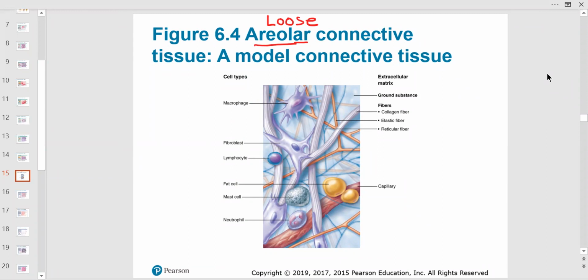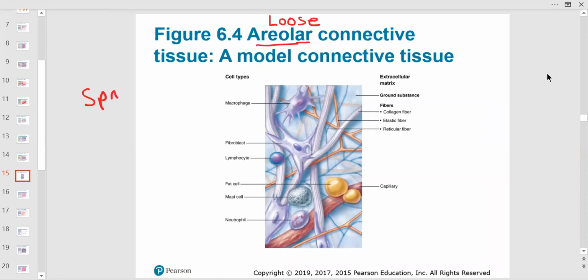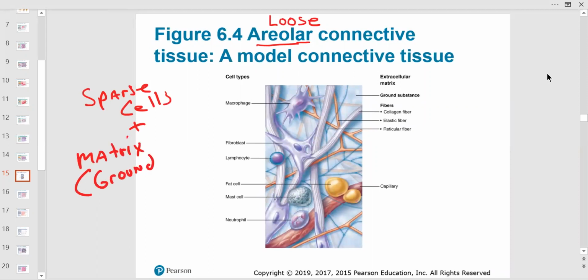The definition of connective tissue: it's sparse cells, which means spread out, different types of cells, multicellular, sparse cells, and a matrix. Sometimes the matrix could be called a ground substance. So we'll talk about the cells in the matrix as we go into each connective tissue.